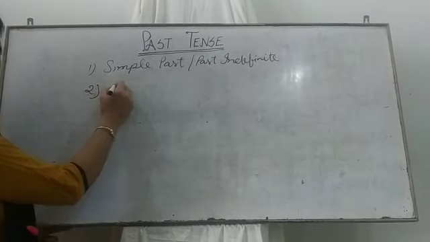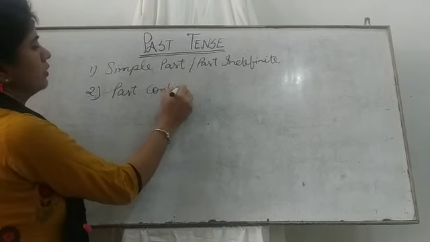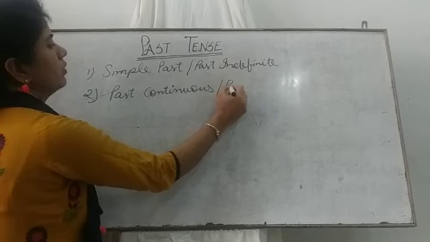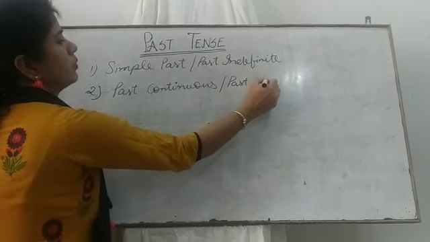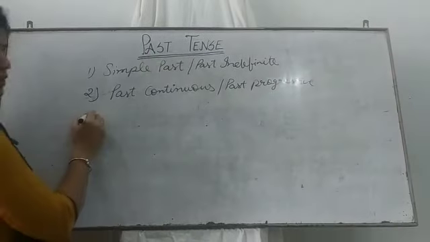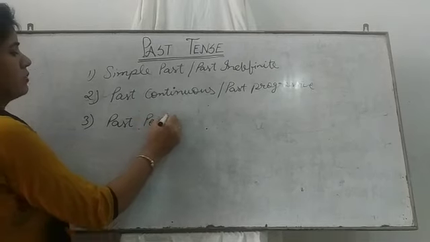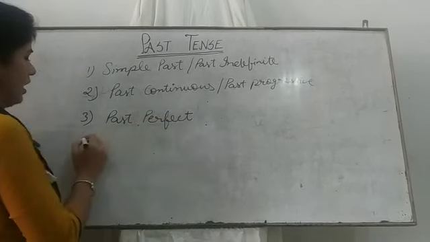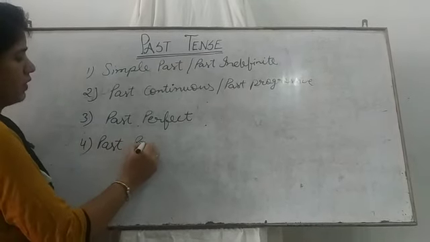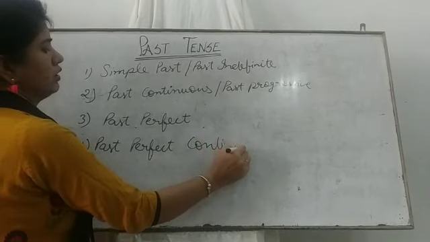Second one is past continuous or past progressive. Third one is past perfect, and the fourth one is past perfect continuous.